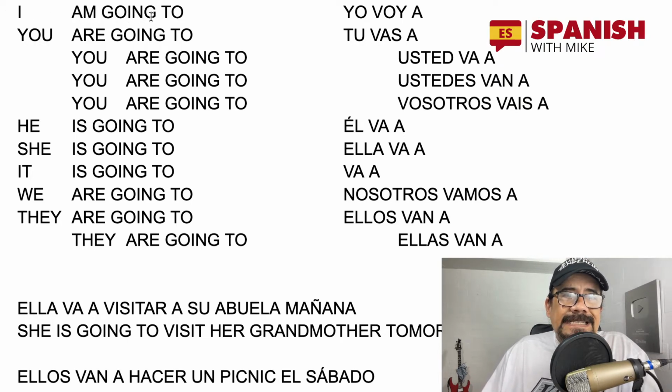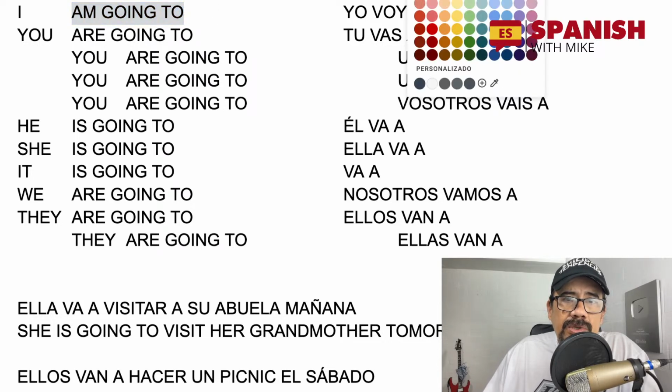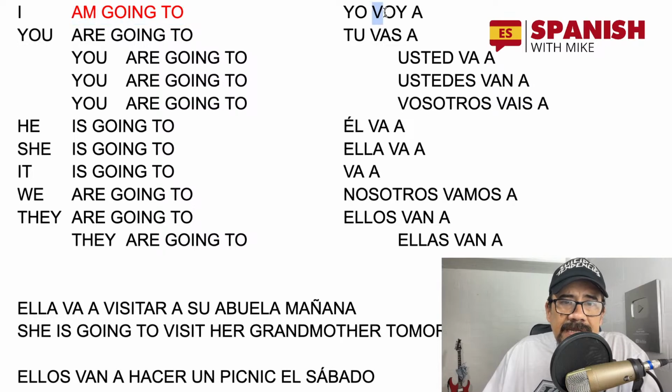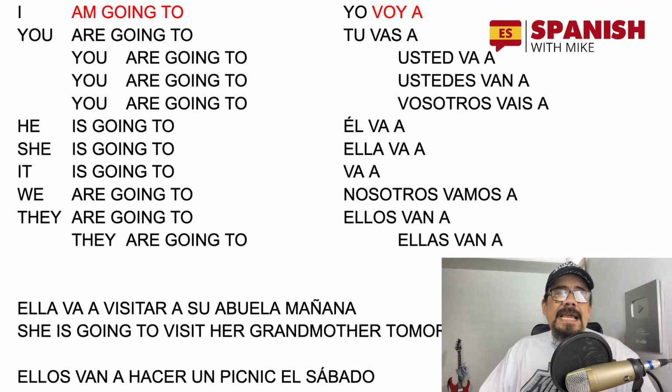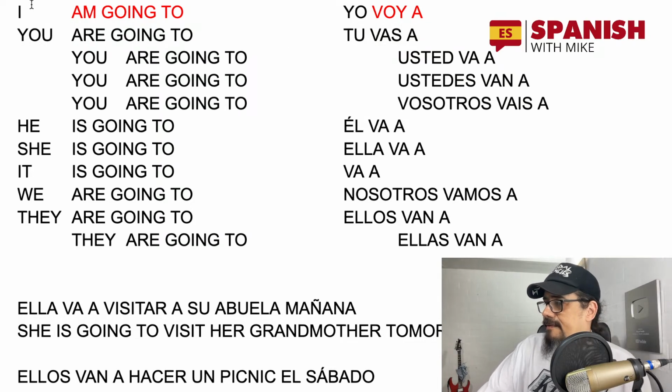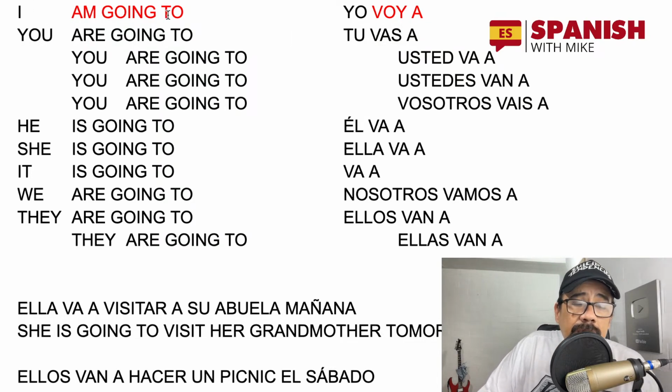As you can see, the conjugation goes for the verb to go, ir, in the simple present. Go means ir. So this "I am going to" is translated as voy a, ir a. So in the case of the simple present, we have "I am going to whatever," yo voy a.